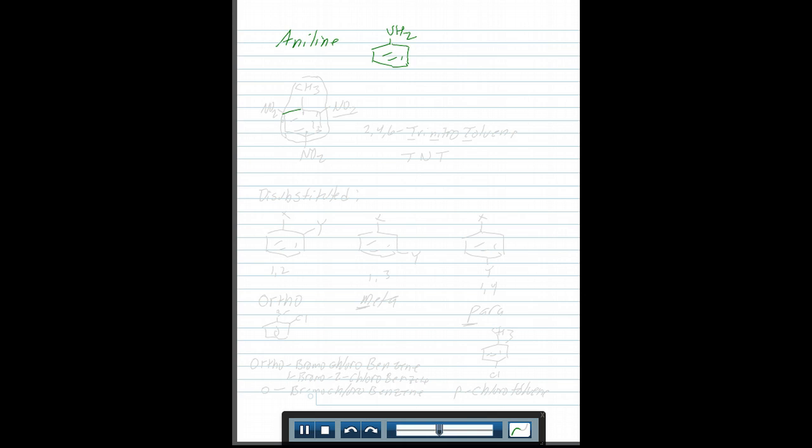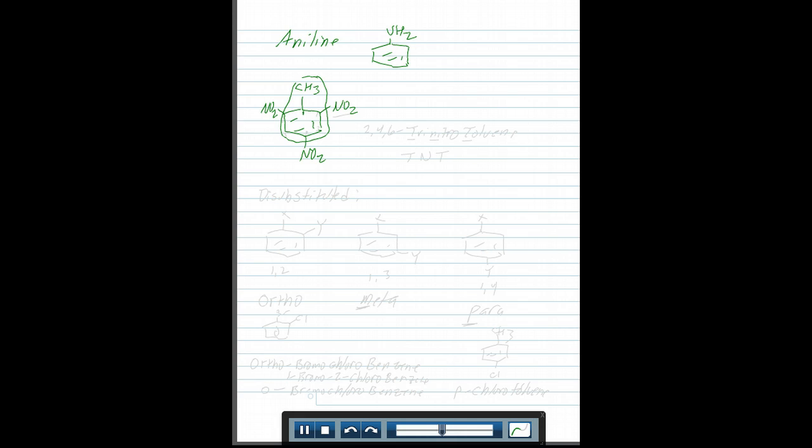So let's do this one, just to show you. Let's put a methyl here. So remember, this is toluene. This is a special case. This CH3 aromatic is toluene, so that becomes your parent. Technically this is now your carbon 1 position.